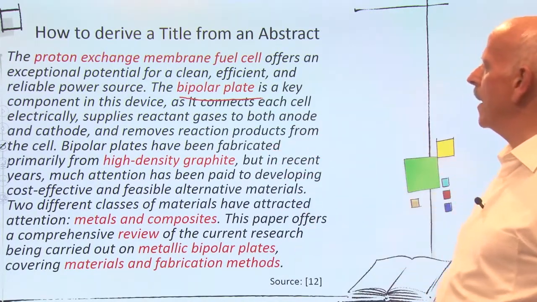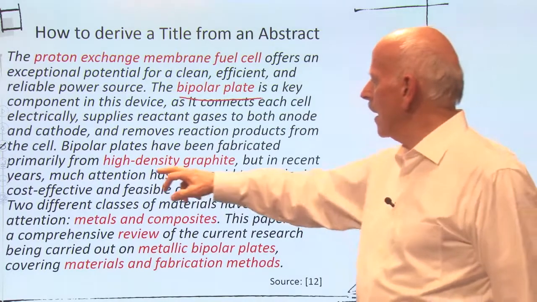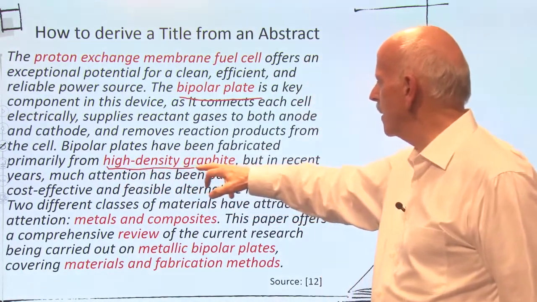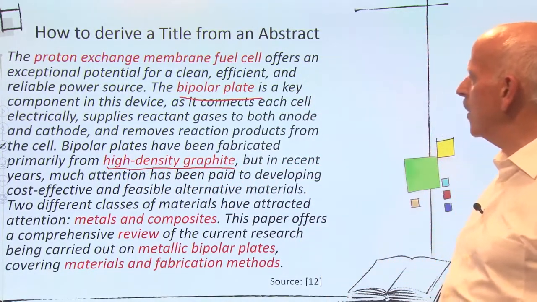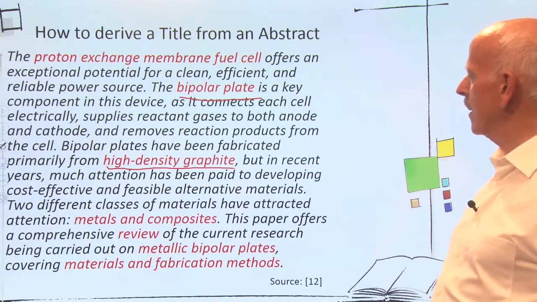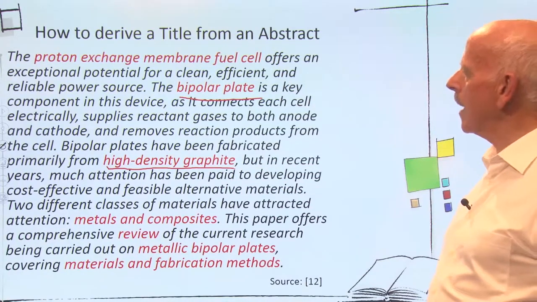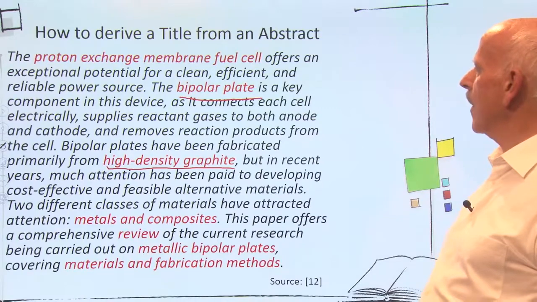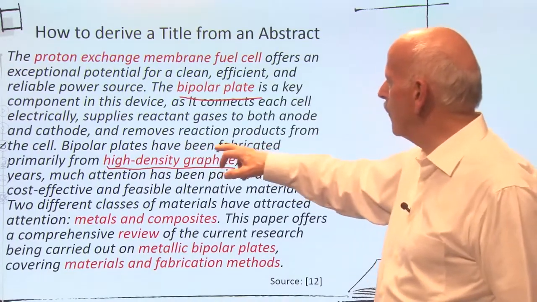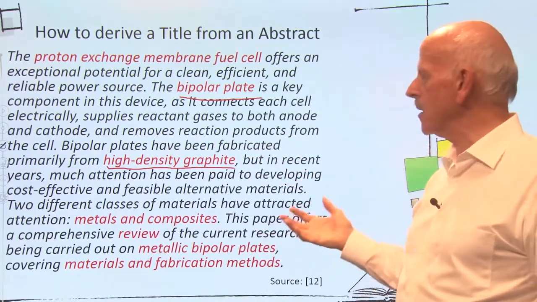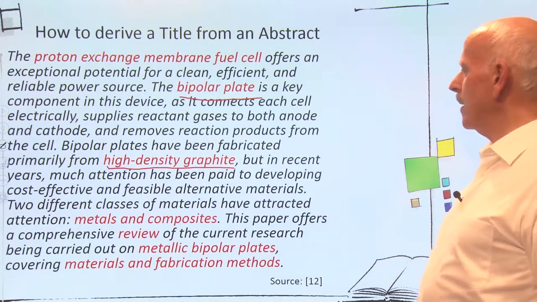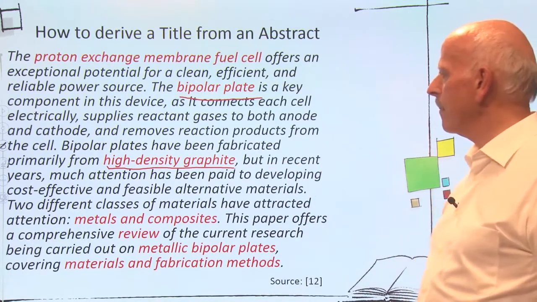Keep coming down here and we find out that high density graphite has been used in the past for making bipolar plates. Bipolar plates have been fabricated in the past from high-density graphite, okay, in recent years.